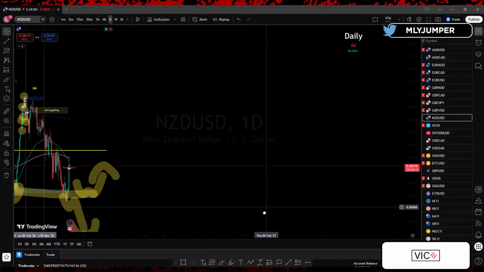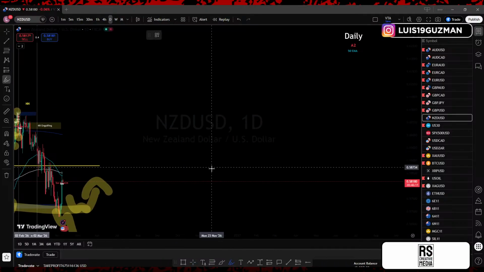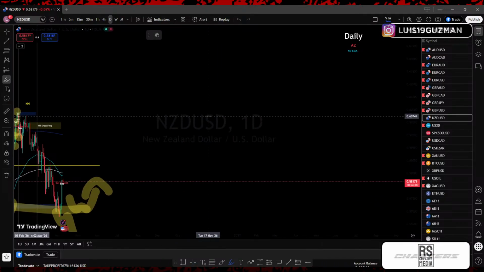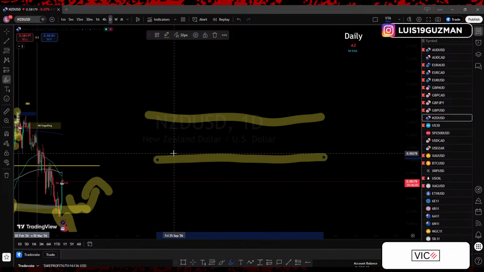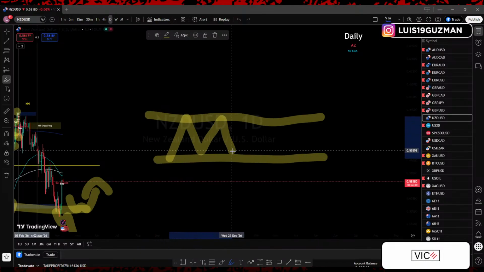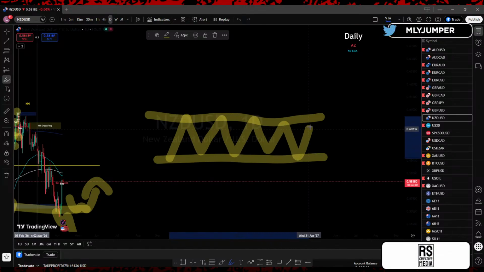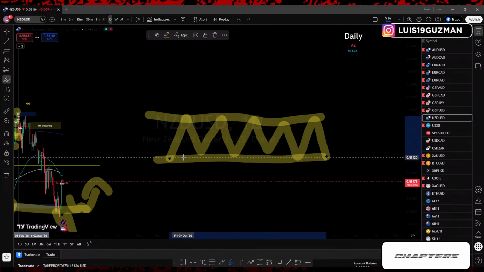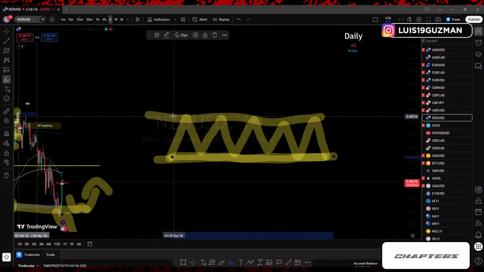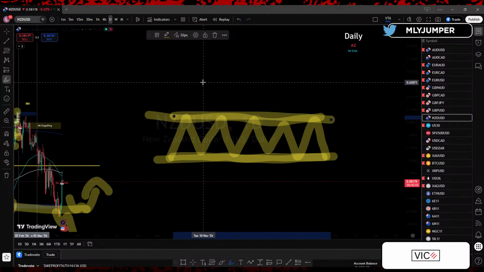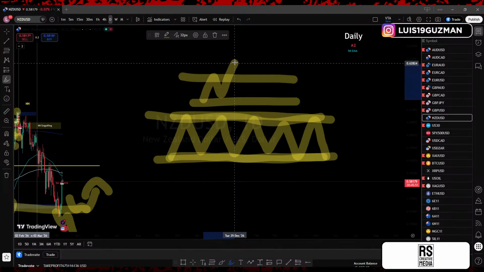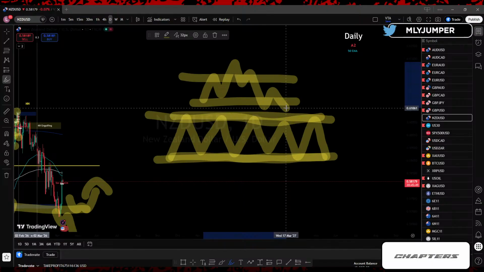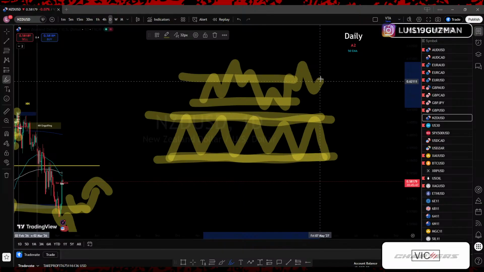But Inferno, to answer your question, since it was pretty much a zone of consolidation. So a zone of consolidation, you have multiple variations of what it looks like, right? At the end of the day, it's still just sideways movement, right? A zone of consolidation is either going to be equal lows and equal highs, right? You have another zone of consolidation where price is just giving you crazy movements, but there's no trend.